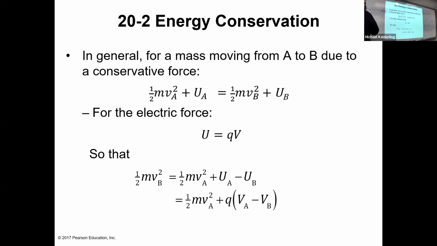One problem with this particular equation is that there's an important difference between capital and lowercase. Let me rewrite this. So we have 1/2 mass times velocity v squared equals 1/2 mass times velocity a squared plus charge times voltage A minus voltage B. That's clear.